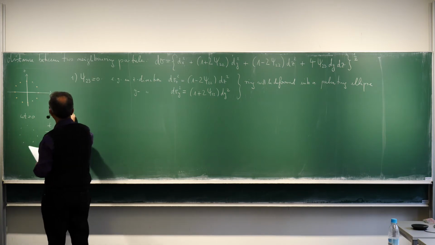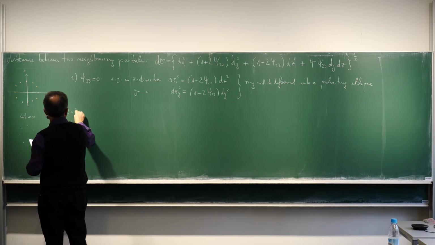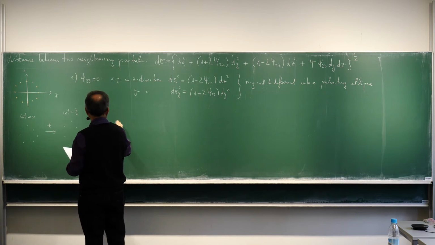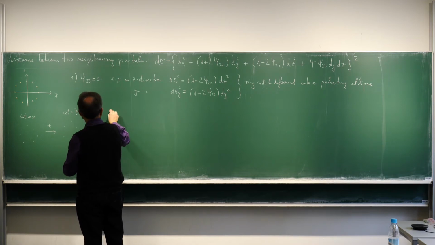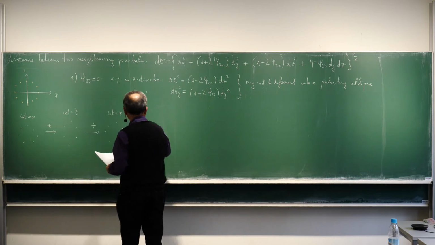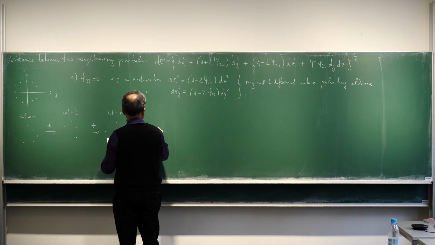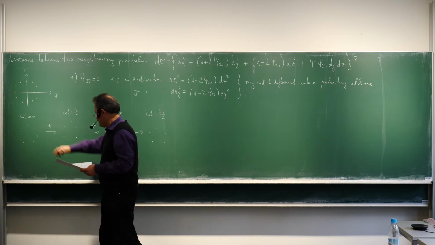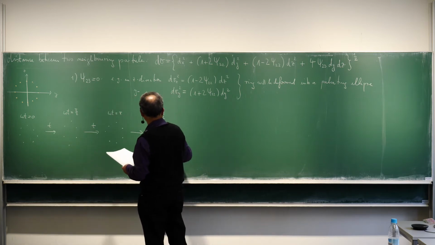So this is for omega t is pi over 2, and then as time goes on, we can again have the circle. So this is for omega t equals pi, and then we will have this ellipse here, but rotated. So we will have a structure like that. So for omega t it's 3 pi over 2, and then for 2 pi, of course, we have the initial situation. I should maybe draw this more clearly.